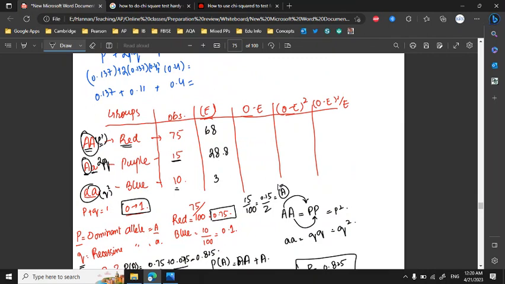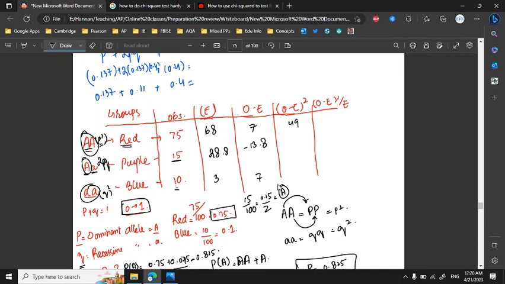Now let's do O minus E. Observed is 75 and expected is 68, so it is going to be 7. Then observed is 15 and expected is 28.8, it is going to be minus 13.8. And observed is 10 and expected is 3, so it is going to be 7.